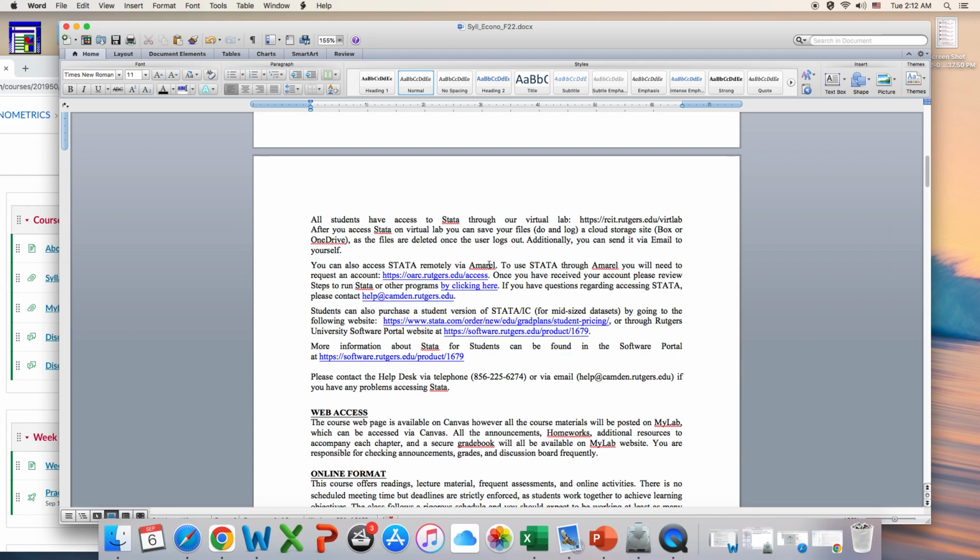Some students don't like how slow it is, so that's why they go ahead and buy it, but it's all up to you. If you decide to use Amaral and have any question about how to access it, you can always email the help desk. They should be able to take you through the steps in order to access Stata. You have also their phone number right here.